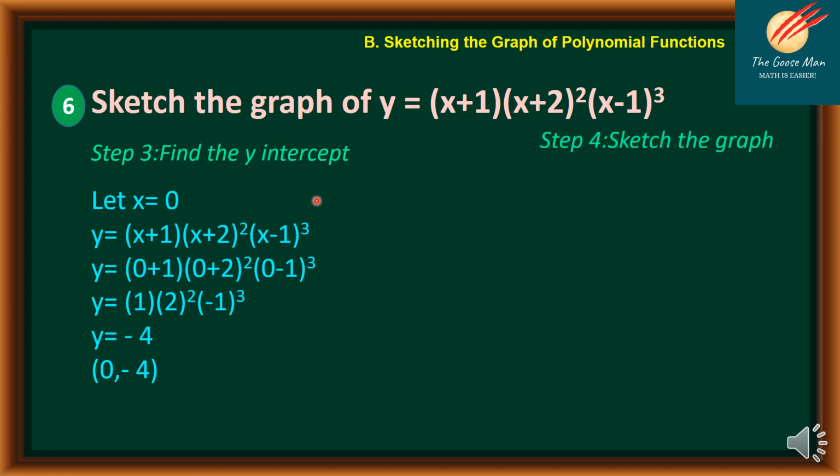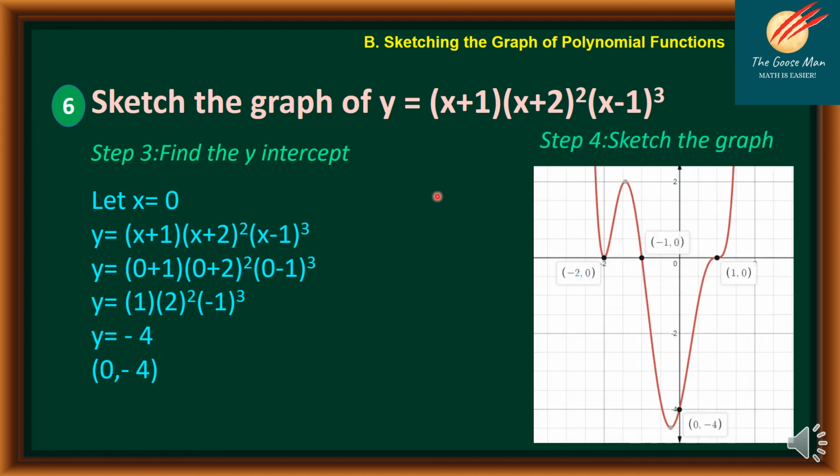Fourth step is to sketch the graph. So we have now (negative 2, 0), (negative 1, 0), as well as (1, 0) as our x-intercepts, and (0, negative 4) is our y-intercept. And take note that we have 1, 2, 3, 4, so we have 4 turning points.